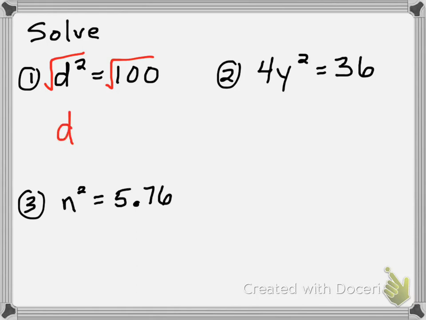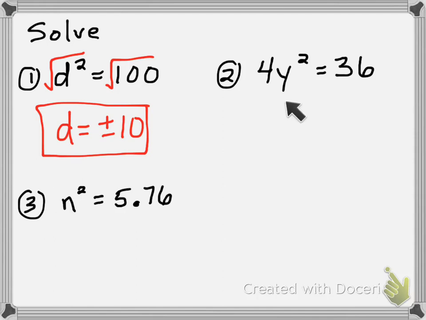When I square root d squared, I get d, and when I square root 100, I get plus or minus 10. Because remember, if I square positive 10, I get 100, but also if I square negative 10, I get 100. So either one is the answer. Both of them are the answer. So you have to have both.